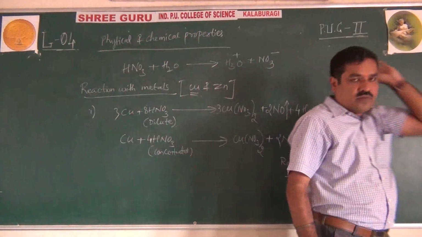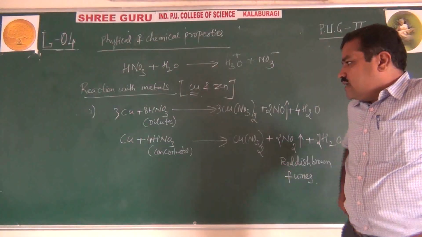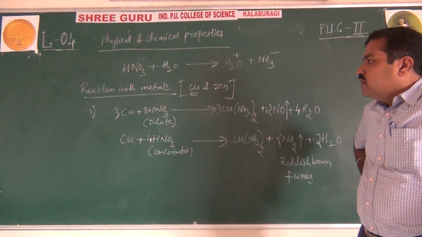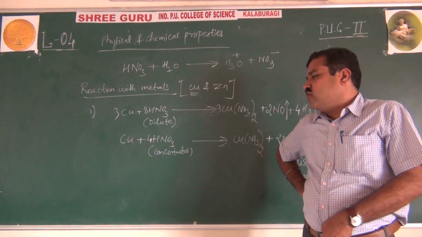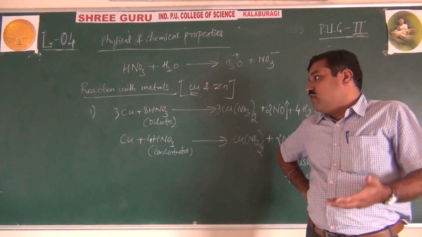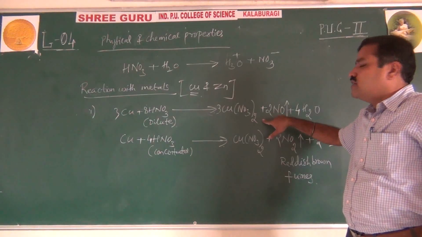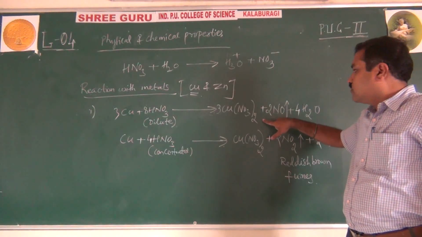This is the balanced equation for the reactivity of copper with concentrated and dilute nitric acid. Dilute nitric acid reacts with copper and liberates nitric oxide along with the metal nitrate solution, which leaves a green colored residue.